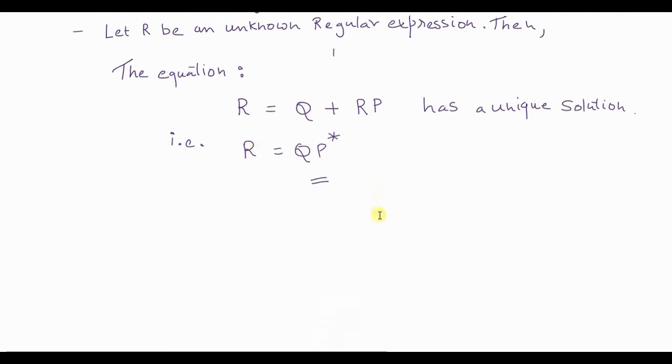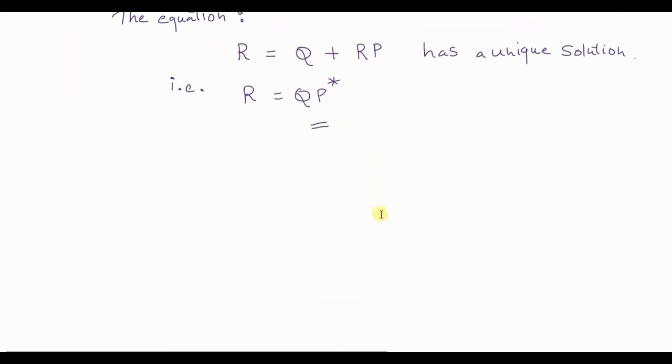Now, although you don't have proof, let us quickly see a simple proof. Many ways you can prove it. So we have R equal to Q plus RP.